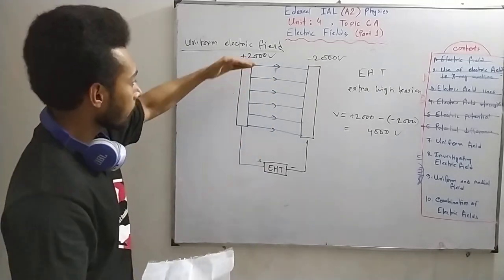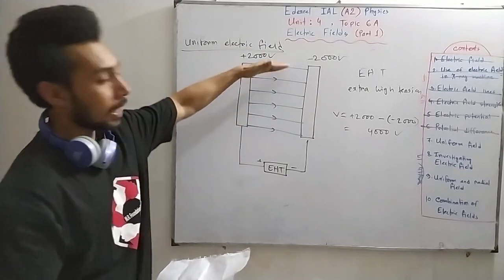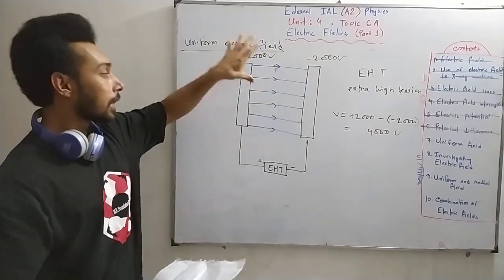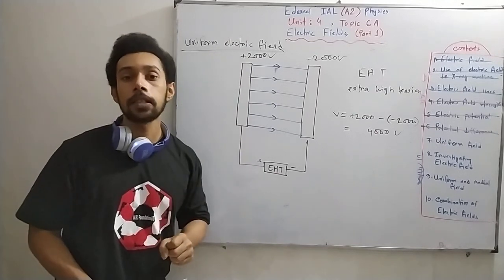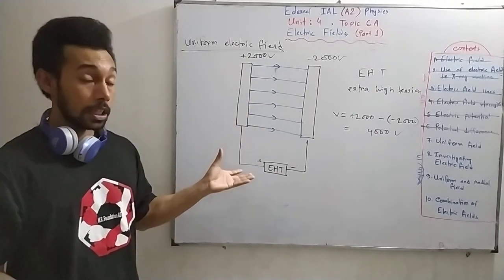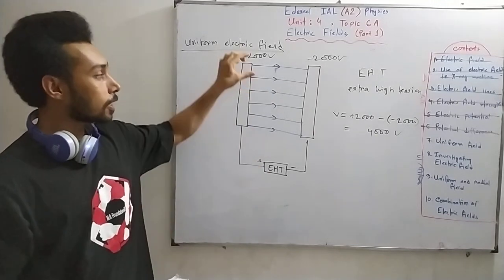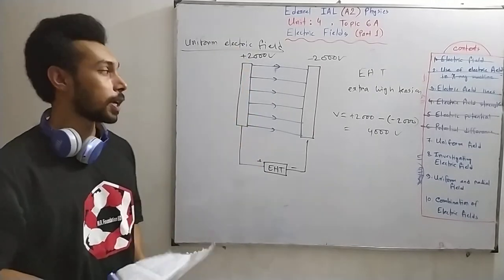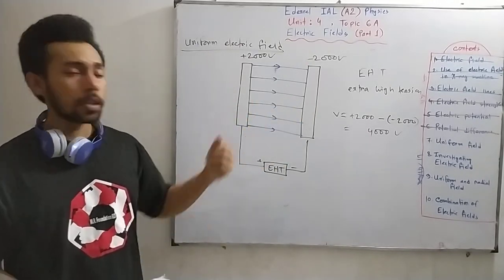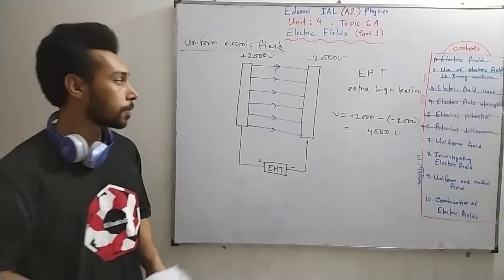And look at the diagram. The field lines are parallel and equi-spaced. The spacing between the lines are equal. This indicates a uniform electric field. In a uniform electric field, the field lines are parallel and equi-spaced. And what is the speciality about this uniform electric field?